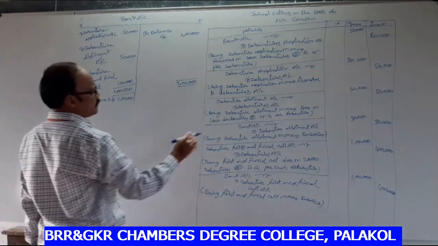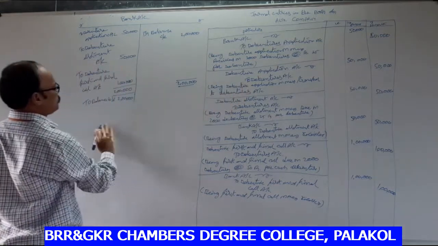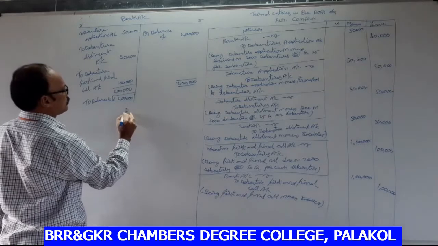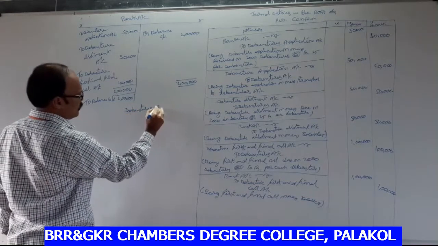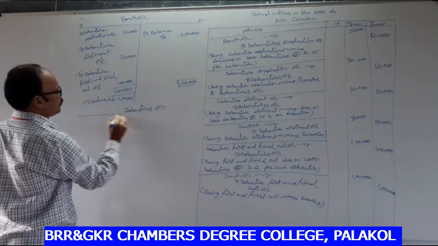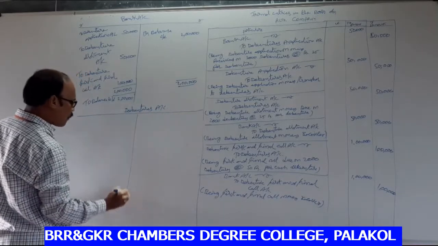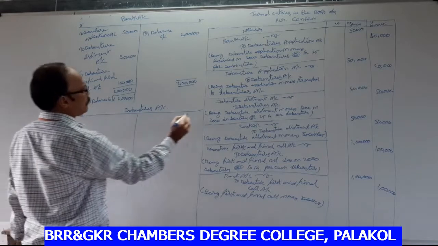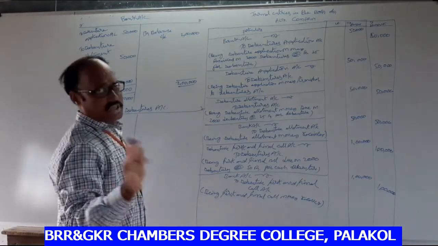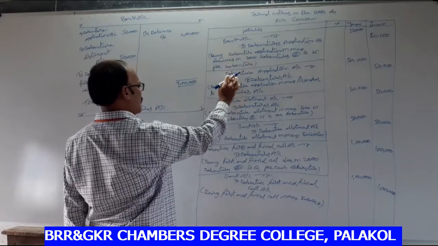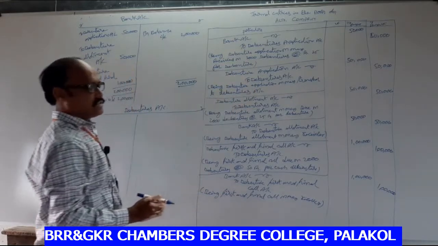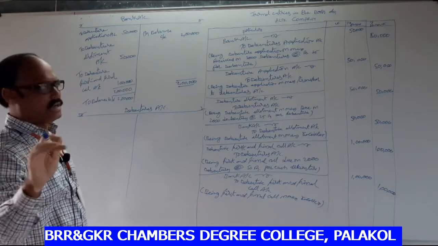Okay, next one, debentures account. First general entry, bank account debit to debentures application account. Next general entry, debenture application account debit to debentures account.